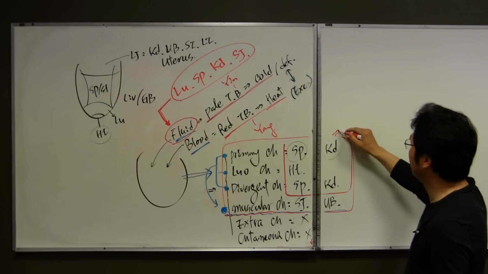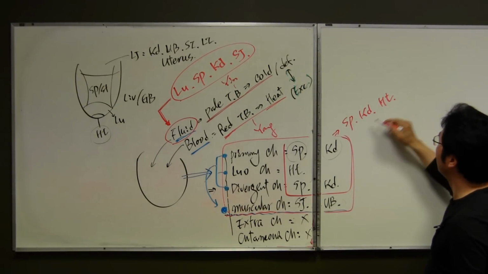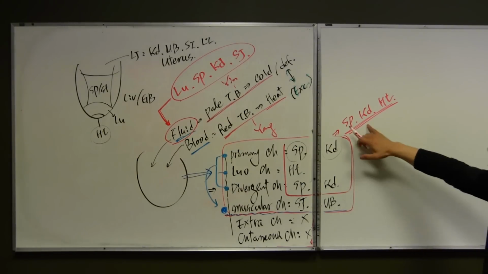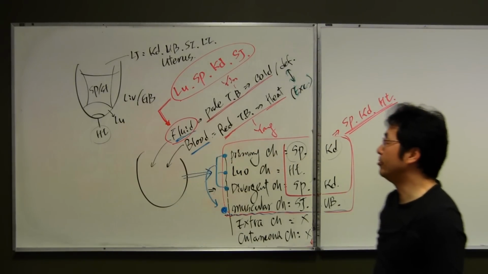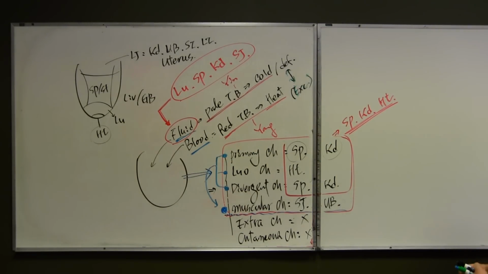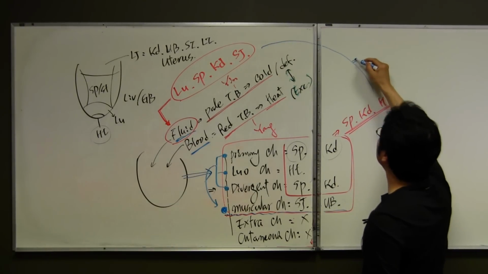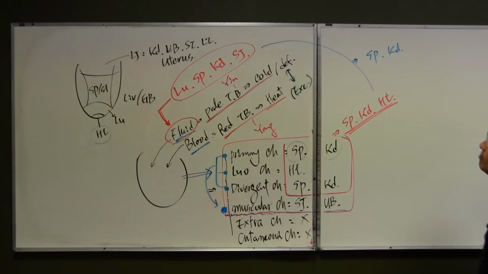I mean the spleen, kidney, heart. Only these 3 have a direct pathway or direct connection to the tongue body. At the same time, which one is involved in fluid circulation? The common thing between these 2, that will be spleen or kidney, right?